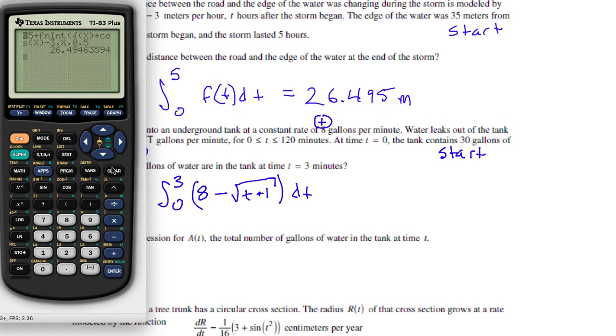Again, I'm going to kind of do the same thing that I did before. So I'm going to do my start condition of 30, right? 30 plus math 9, and then type in this function. 8 minus the square root of t minus 1, which is x minus 1, and the parentheses for the square root, and then comma with respect to x from 0 to 3. Uh-oh.